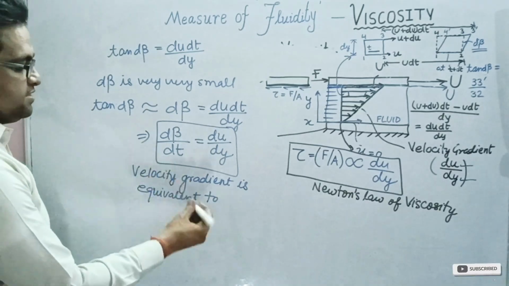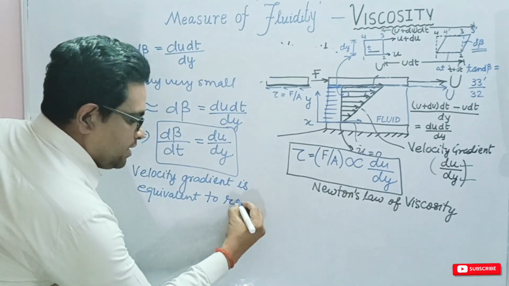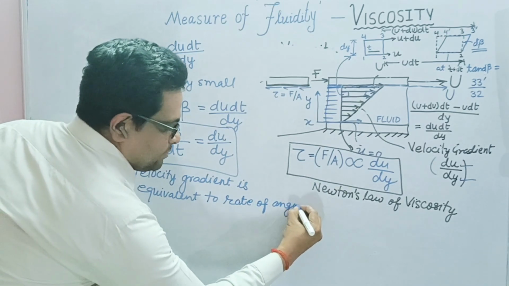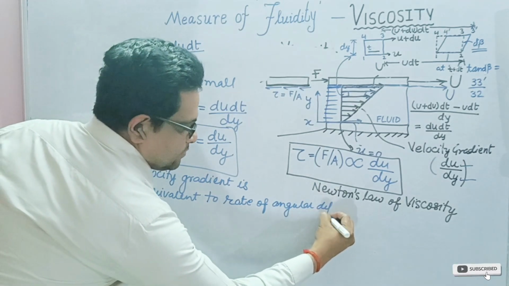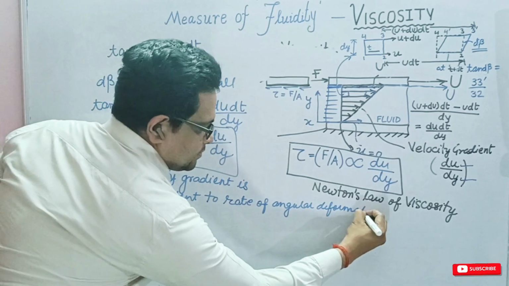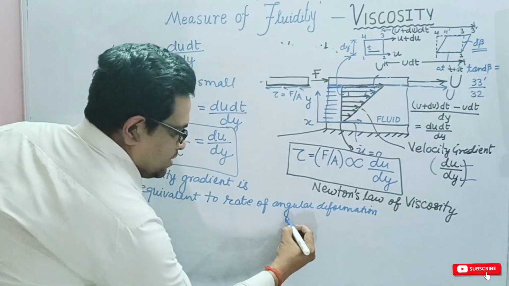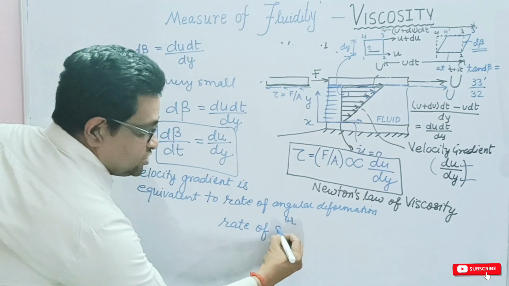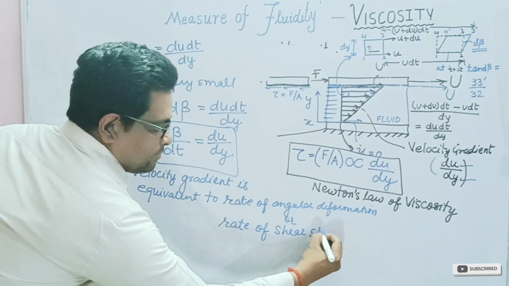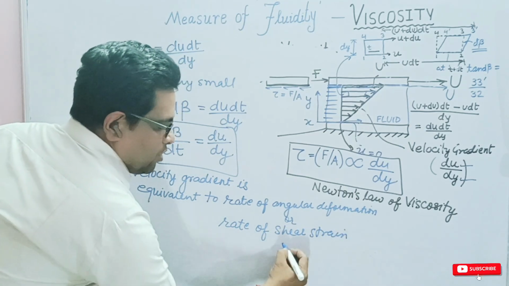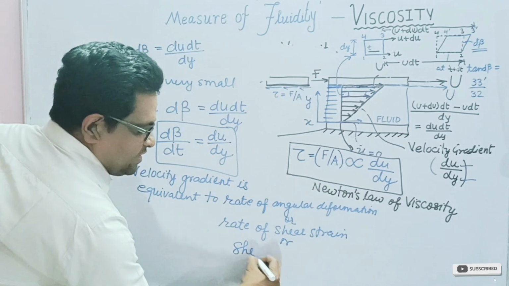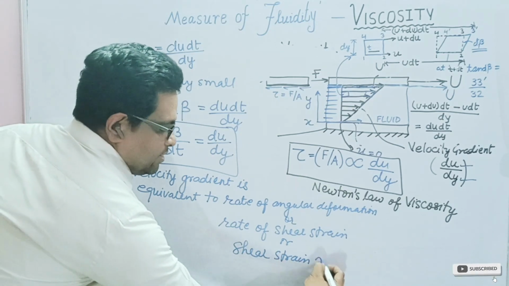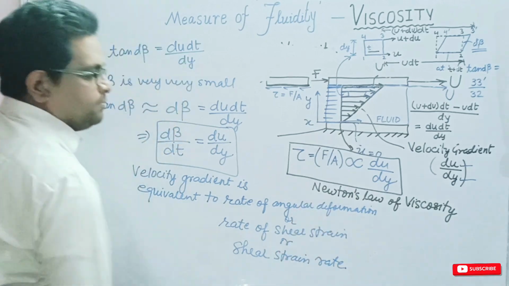So we can say that this is the rate of angular deformation, or you can also say it is the rate of shear strain, or simply we can say it as shear strain rate.